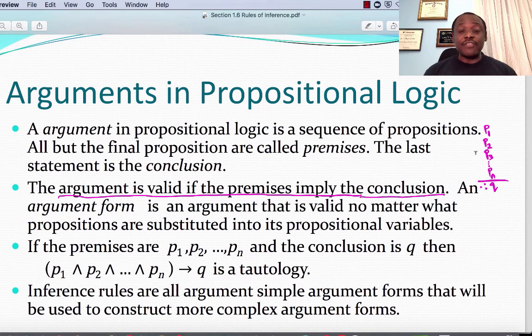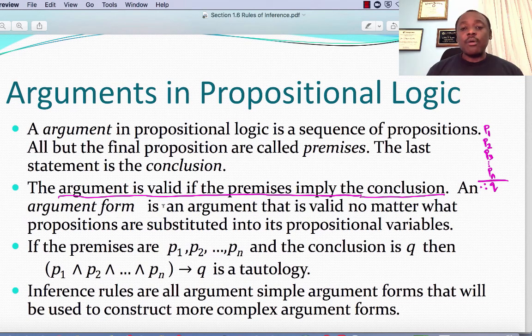For it to be valid, the premises must all lead to the conclusion and it has to follow rules of inference. In other words, if P1 is true and P2 is true and P3 is true and Pn is true, therefore Q has to be true. And that only happens if the rules of inference are not violated. If they hold, the argument is valid if the premises imply the conclusion.